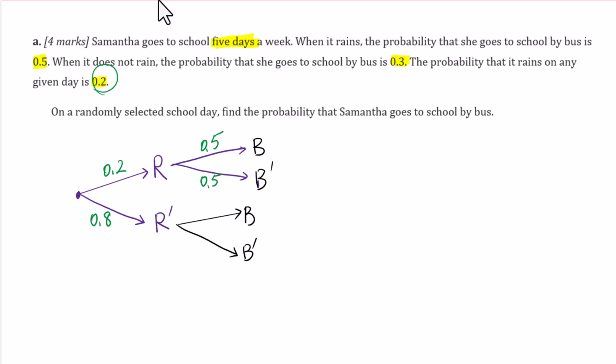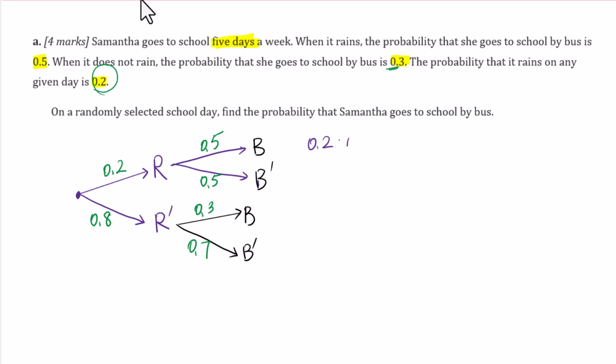When it doesn't rain, the probability that she goes to school by bus is 0.3. This is 0.7. Then we will multiply all the probabilities along the branches.